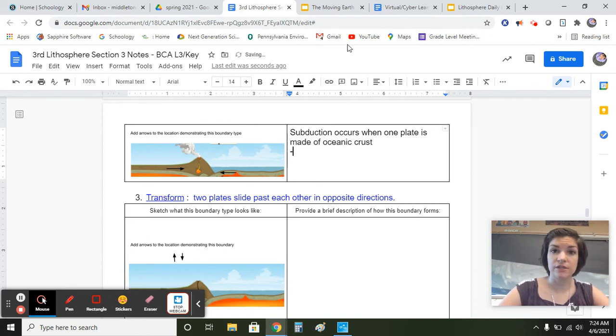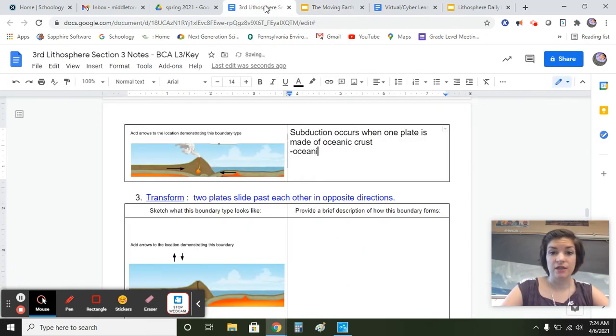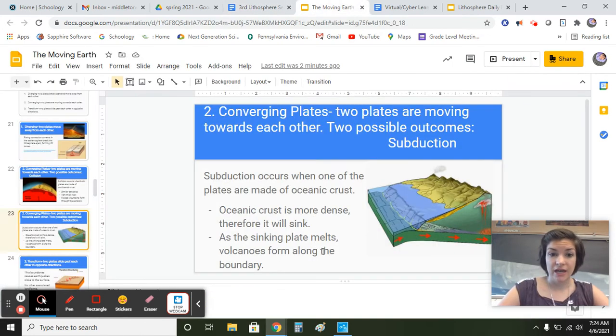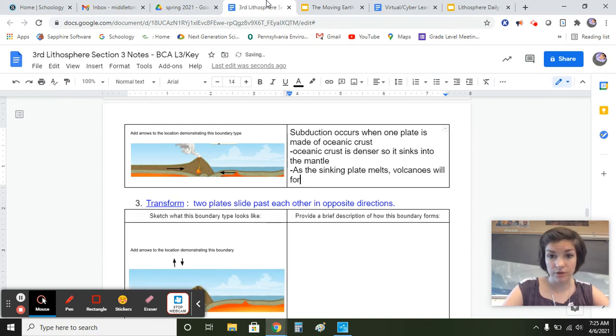And there's a couple things we'll get. Oceanic crust is denser, so it sinks into the mantle, and then as the sinking plate melts, volcanoes will form. Yeah. All right.